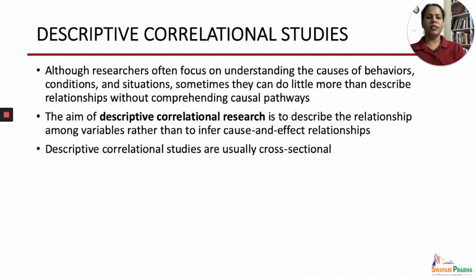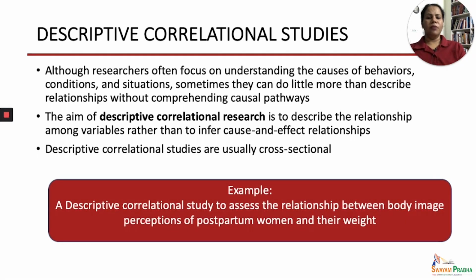Descriptive correlational studies are usually cross-sectional. Cross-sectional means we collect the data at one point in time. An example of a descriptive correlational research design is a study to assess the relationship between body image perception of postpartum women and their weight.